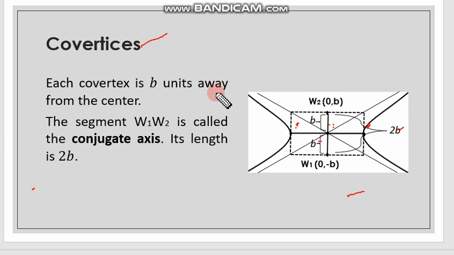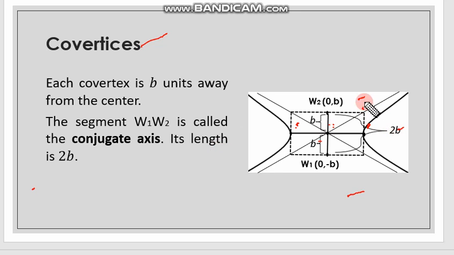Next, each co-vertex is b units away from the center. So the segment W1W2 is called the conjugate axis, and its length is 2b. From the center to co-vertex 1 and from the center to co-vertex 2, that's b. Together, from co-vertex 1 to co-vertex 2, that's 2b.